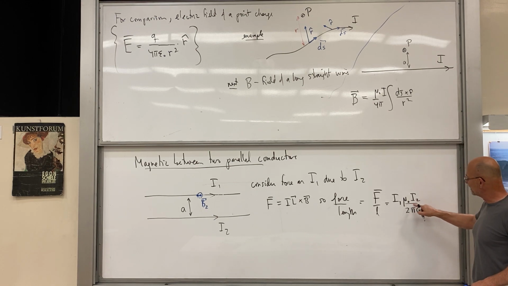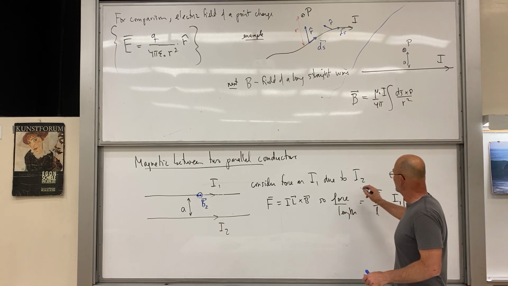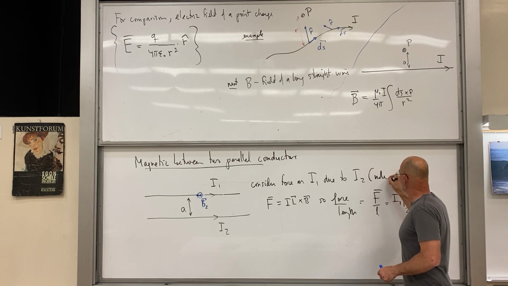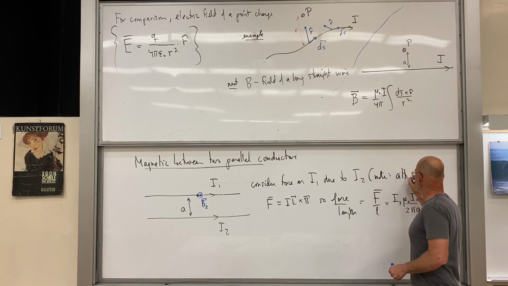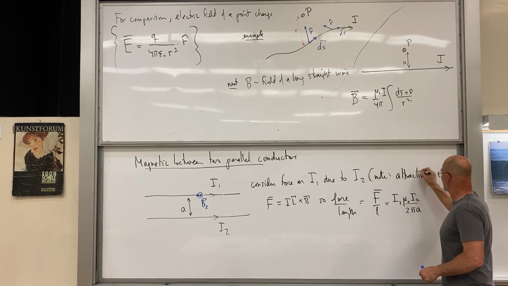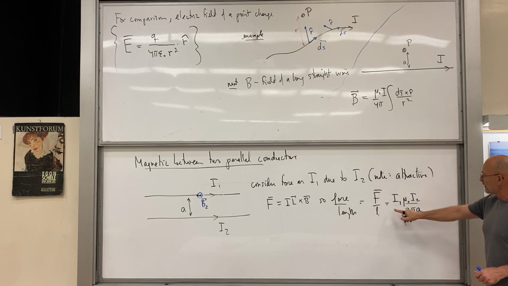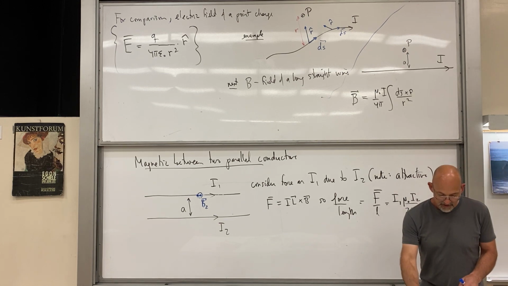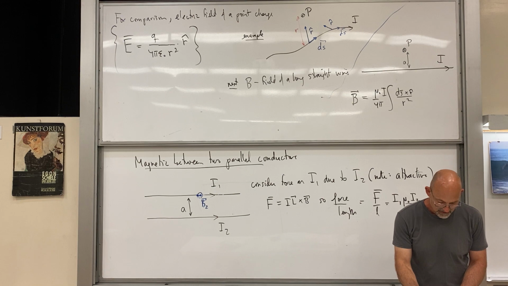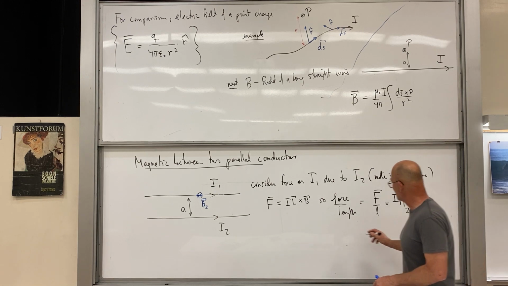So it's a product, and what do we have? Attractive. So I'll put a note, attractive. So there's our force per length expression. 2 pi A. Force per length, all isolated here.